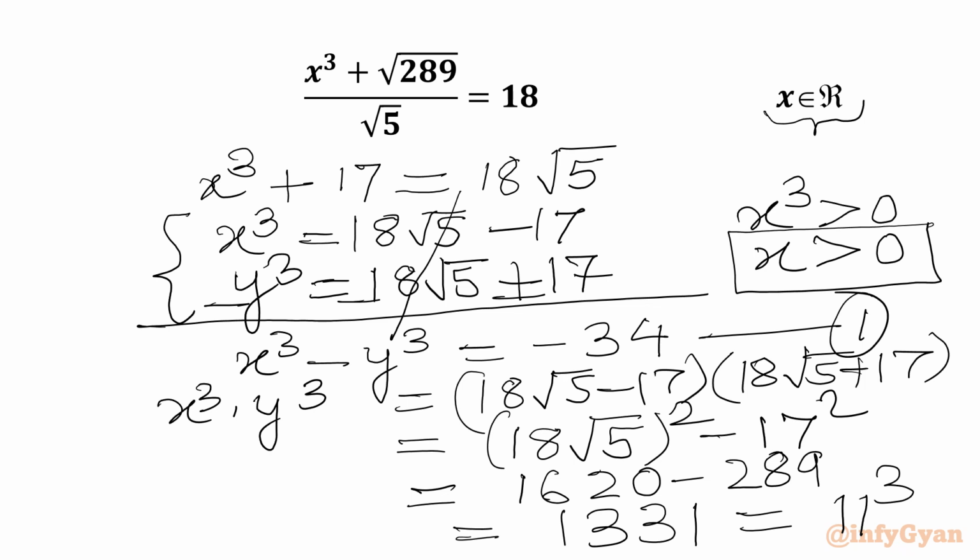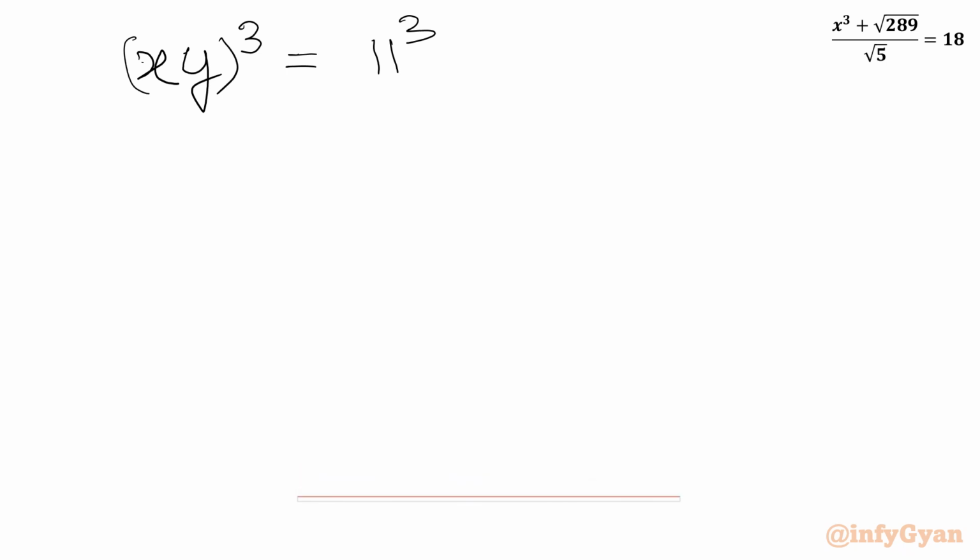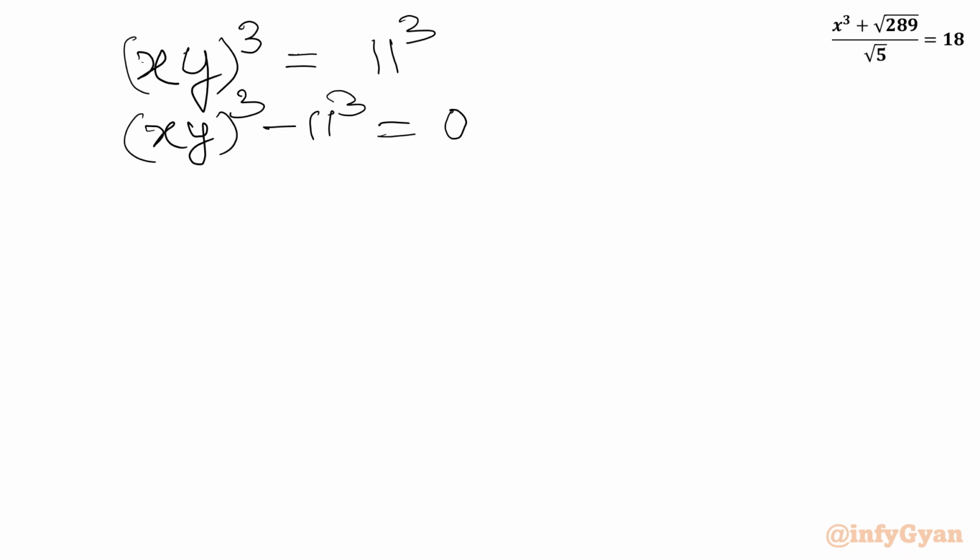So I can write our equation x cube y cube, we can write xy whole cube. This will be equal to 11 whole cube. Or we can write xy whole cube minus 11 whole cube equal to 0. Now we can apply the a cube minus b cube formula.